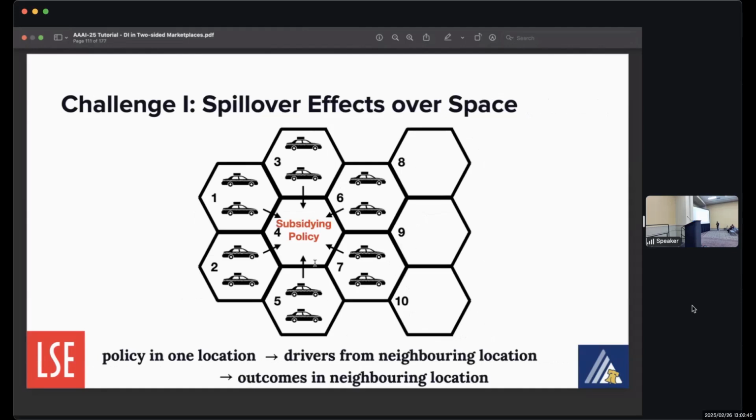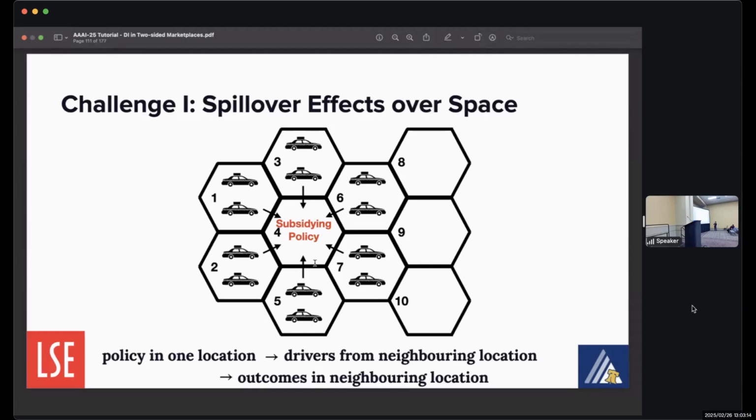Now, another type of interference effects corresponds to spillover effects over space. This basically refers to the effect of the treatment on other units' outcomes. Again, taking ride sharing as an example, these effects are likely to occur when evaluating subsidizing policies. Suppose a company is applying different subsidizing policies at different locations of the city.